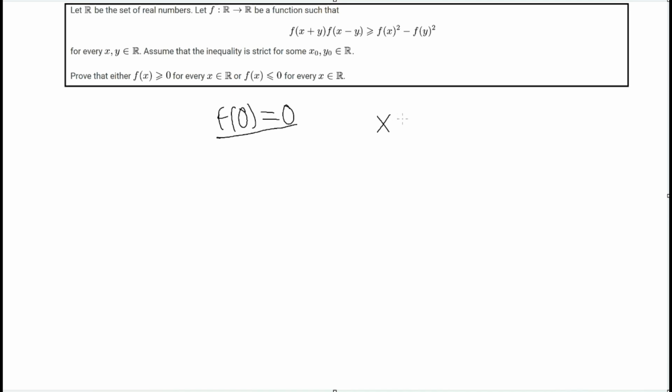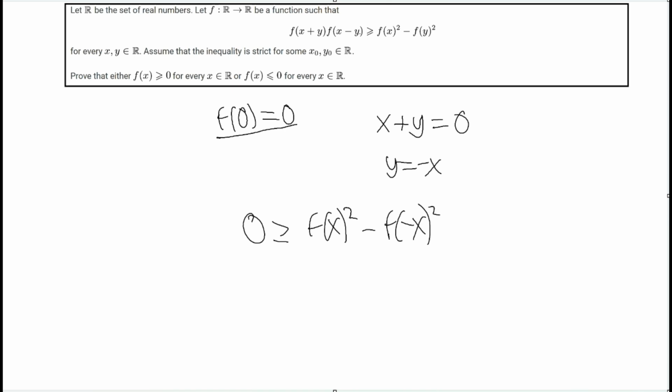So let's try the other case, where x plus y equals 0, so that y equals negative x. So when we plug this in, we get that f of 0 times f of 2x, which just becomes 0, is greater than or equal to f of x squared minus f of negative x squared.